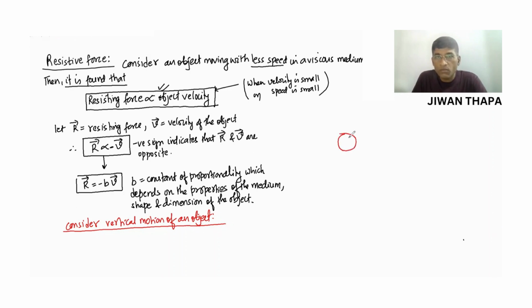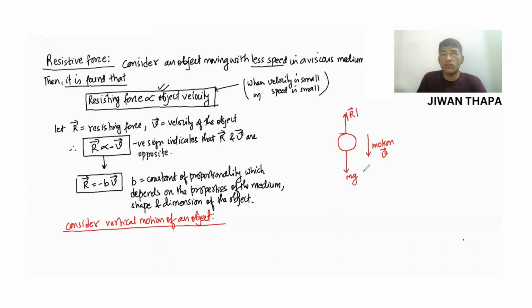We have an object moving down, so the motion is down, and let the velocity of the object be vector V. Now the weight of the object acts vertically down, and since the motion is downward, resisting force acts upward.